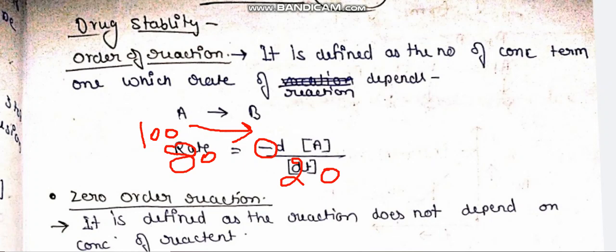If at the end of the reaction A is 0, then B will be 100. It simply means B does not come from somewhere outside, but is converted from A. So as the concentration of A goes on decreasing, the concentration of B goes on increasing.